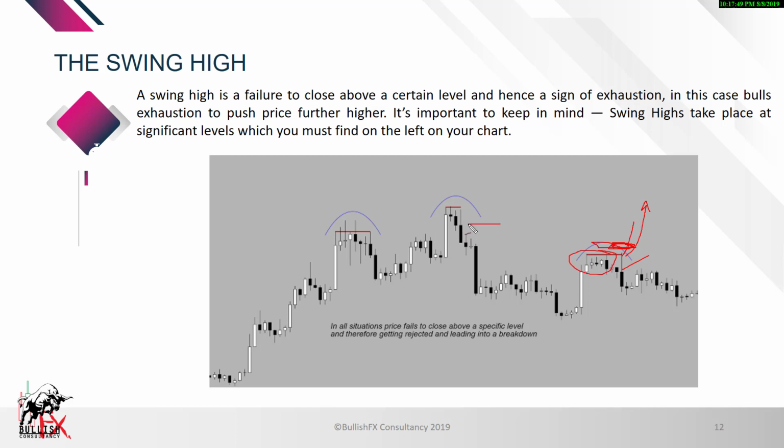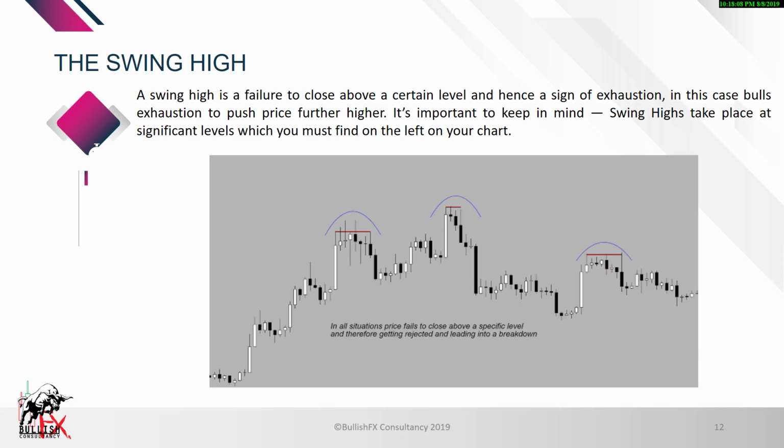Same applies if this candle here had closed above here, market would push to the upside. It means this zone has been violated. It's no longer a valid swing high. You see?